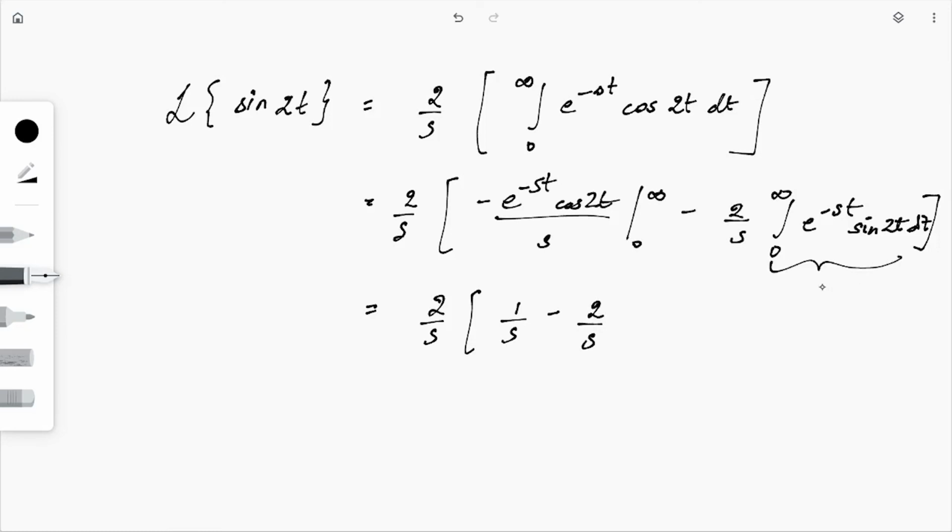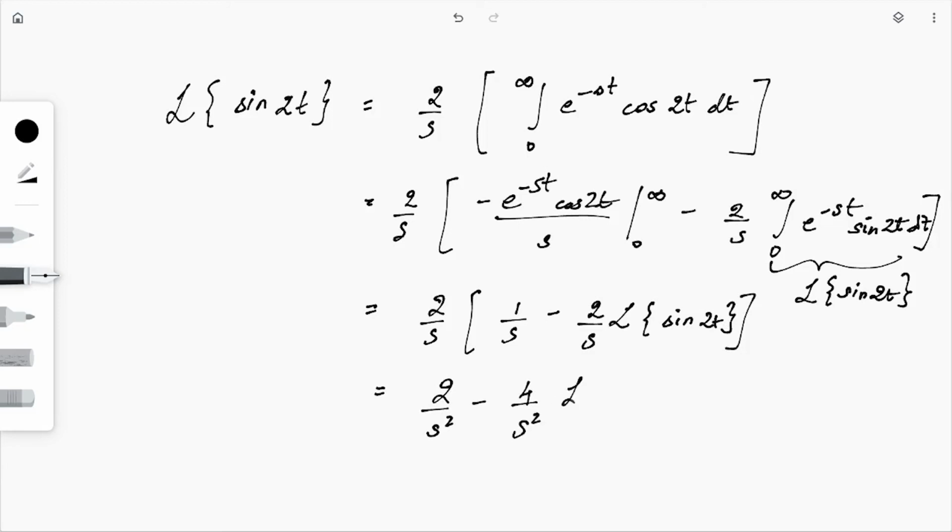This is actually nothing but script L of sine 2t itself, right? So this is 2 by s square minus 2 into 2, 4 by s square into script L of sine 2t.